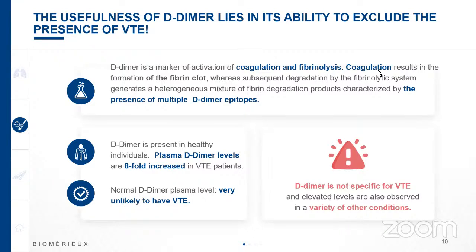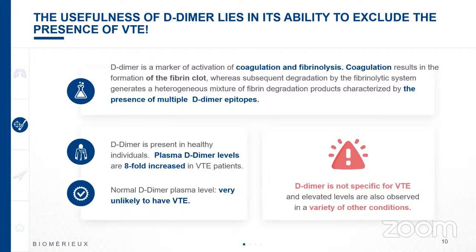When you have coagulation, or formation of a clot, the clot is actually called a fibrin clot. And then when the fibrinolytic system comes in to break down that clot, a lot of things are released, which are called fibrin degradation products, FDPs. The presence of those FDPs is characterized by the D-dimer epitopes. So as a clot is breaking down, you have D-dimer expressed more and more.